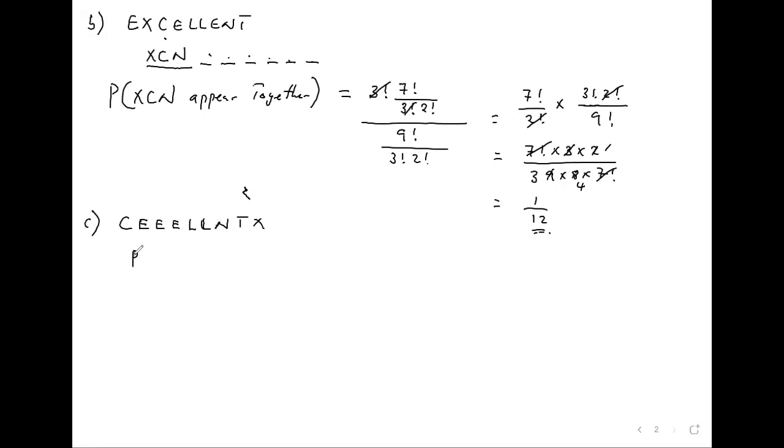So you're saying the probability of having the alphabetical order is 1 out of 9 factorial over 3 factorial, 2 factorial.